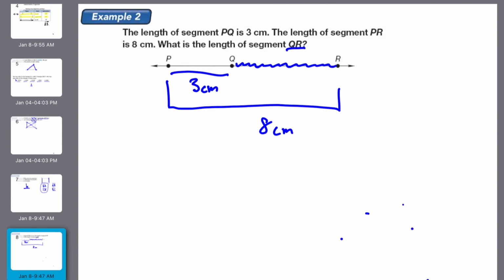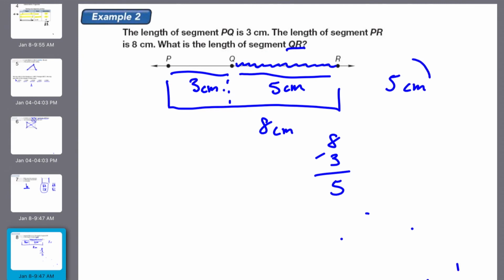If I know that this is 3 and that's 8, I need to find the difference. 8 minus 3 is 5, so I know that this is right here, 5 centimeters, because 5 and 3 make 8. So 5 centimeters is what QR equals.